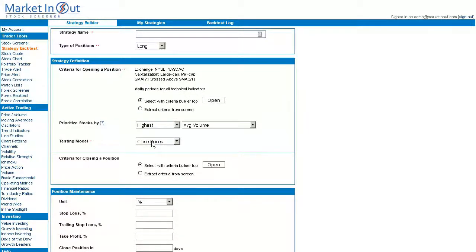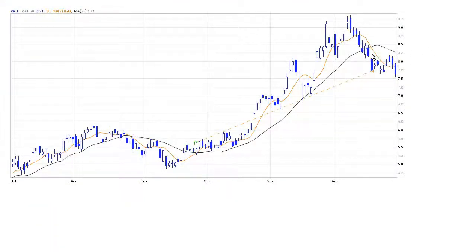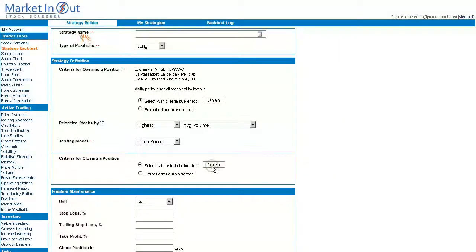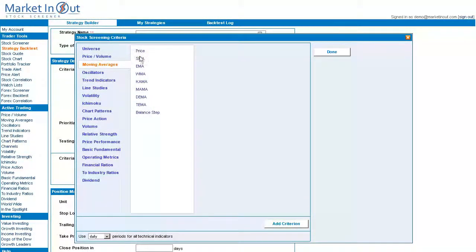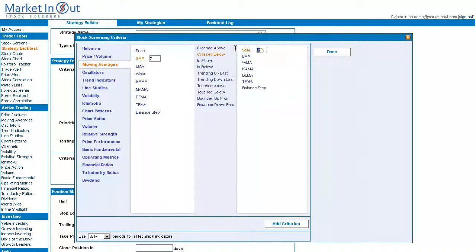Now let's specify the criteria for a closing position. For the moving average crossover strategy, the position close signal is generated when a shorter-term moving average crosses below a longer-term moving average. So I'm selecting here simple moving average of 7 crossed below simple moving average of 21.